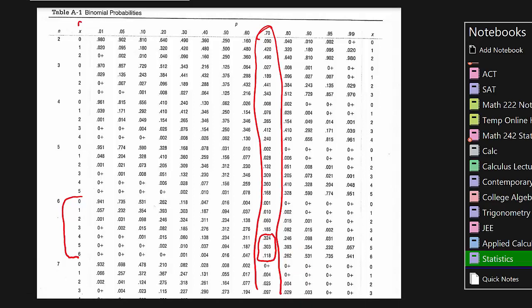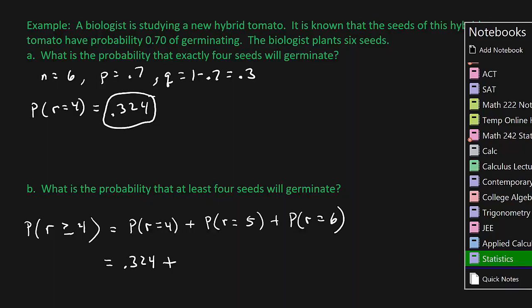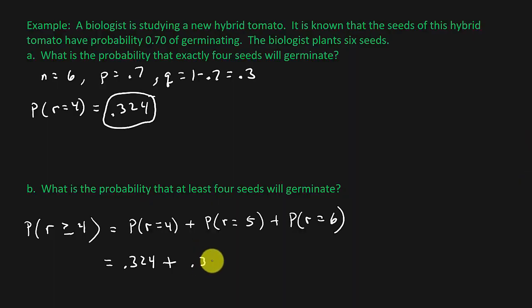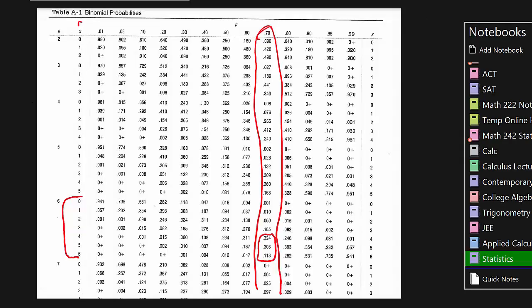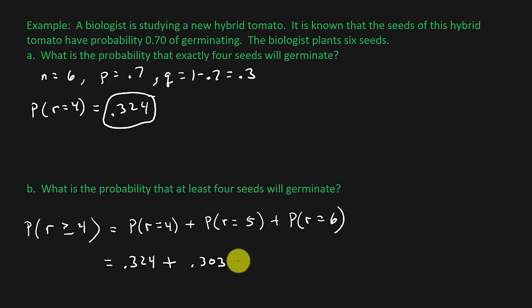And then we look up the 6, 0.118. When we add all those up, we get 0.745. So there you go.